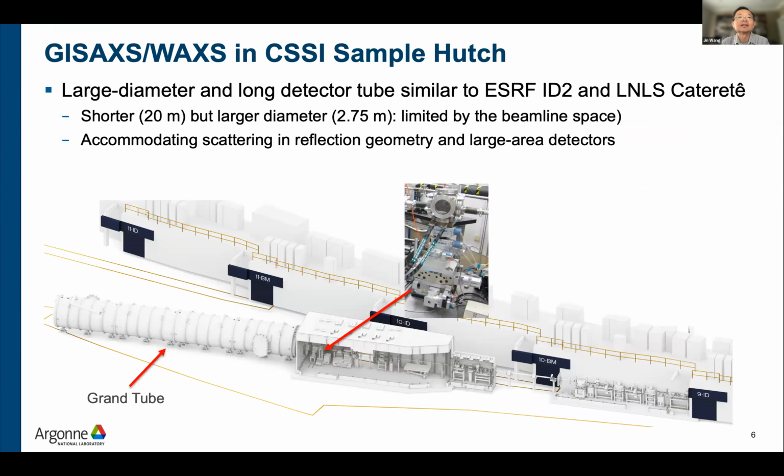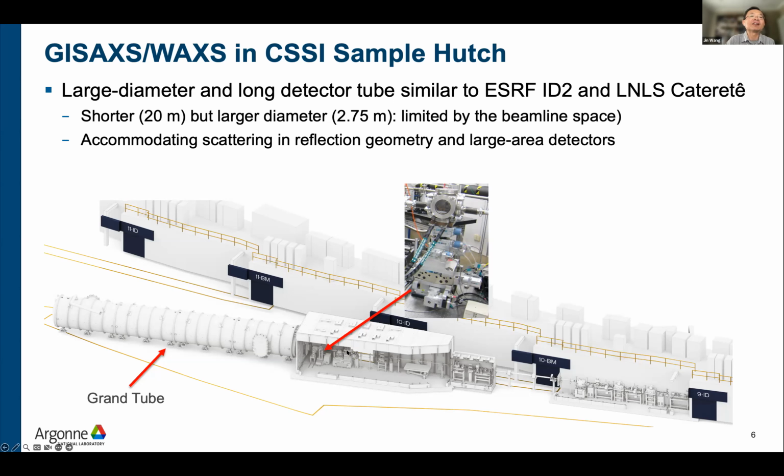One thing I want to draw your attention to is, how do we get this large sample detector distance? You will see this whole beamline doesn't look like some conventional beamline. You'll see this, that's big.